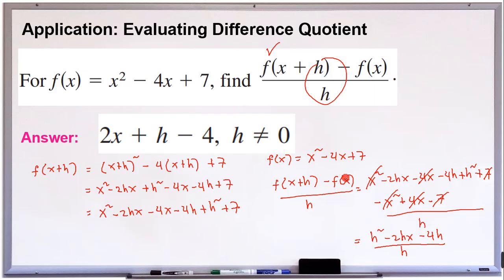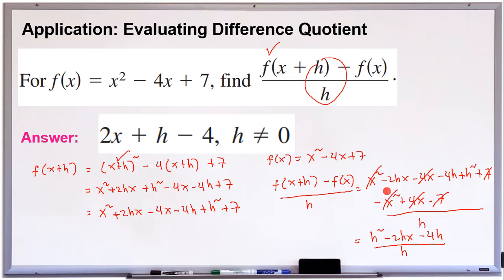So the error occurs right here when we expand this binomial. As we expand this binomial, take note that since the operation between the two variables x and h is addition, therefore this will be addition, and also this one.